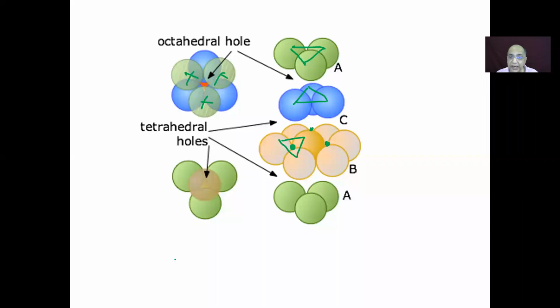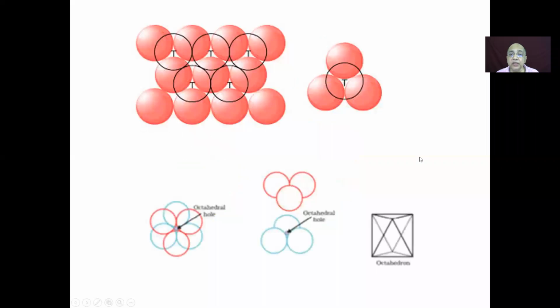Now it is getting late. We have not yet written anything. Already 1 hour has passed. Again, I am showing you. These are the tetrahedral holes. These are the 3 spheres forming a triangle, and these are the tetrahedral hole positions.